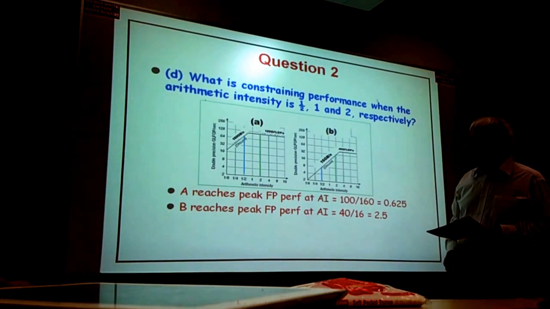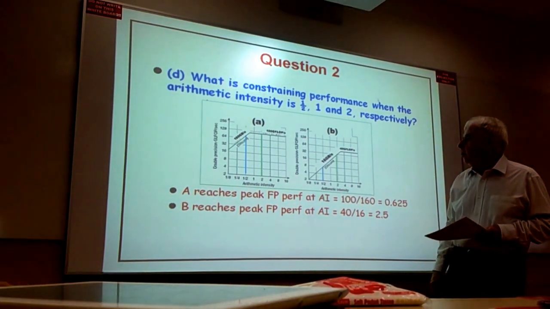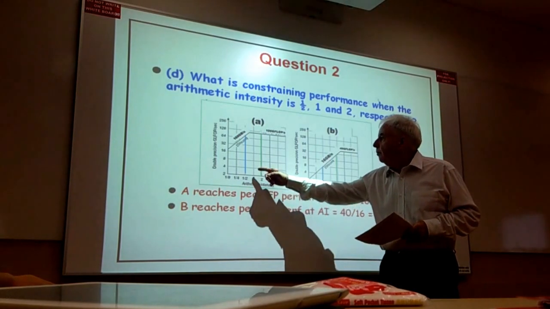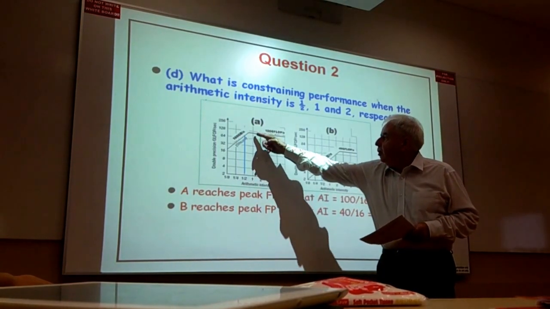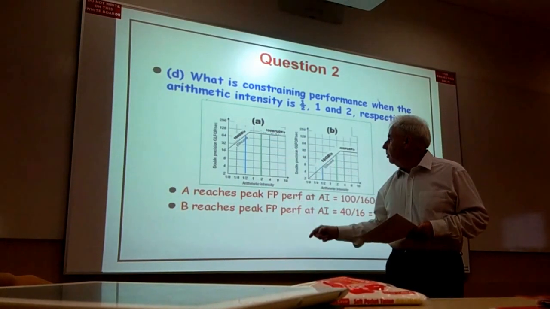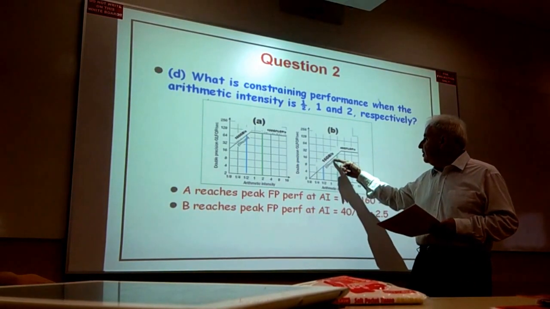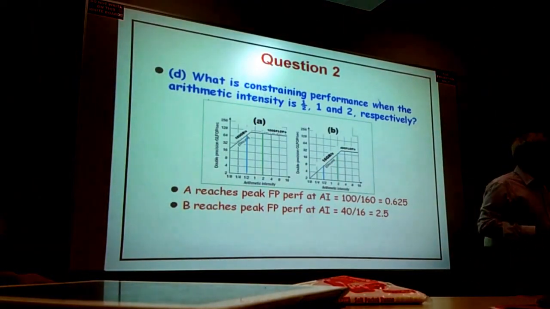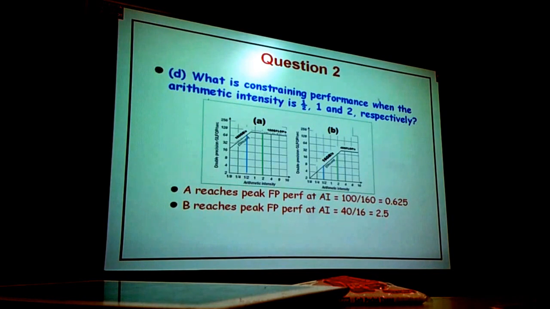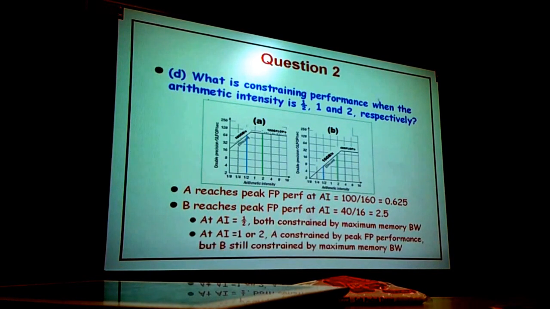For arithmetic intensity 1, this one is now the floating point performance, but for this one, it's still the memory bandwidth. And similarly for 2, for the first processor, it's the floating point performance, but for the second processor, it's the maximum memory bandwidth.